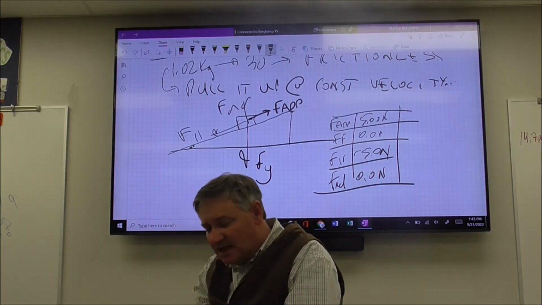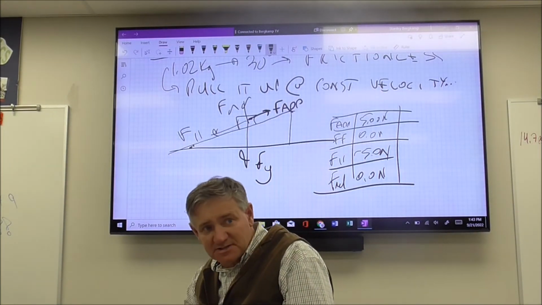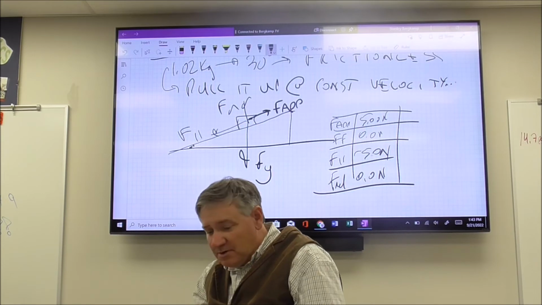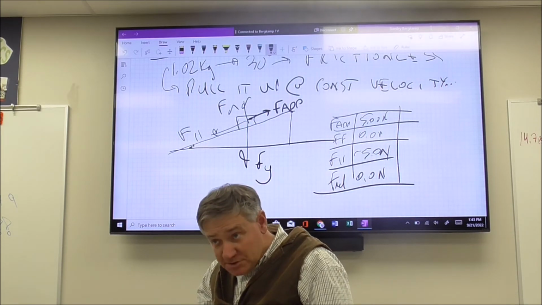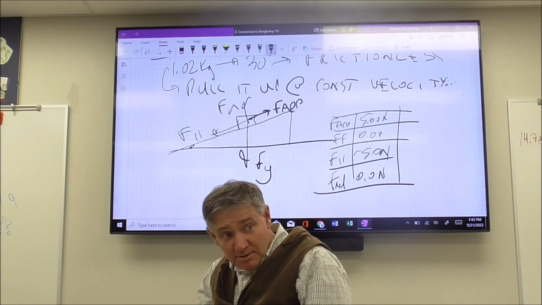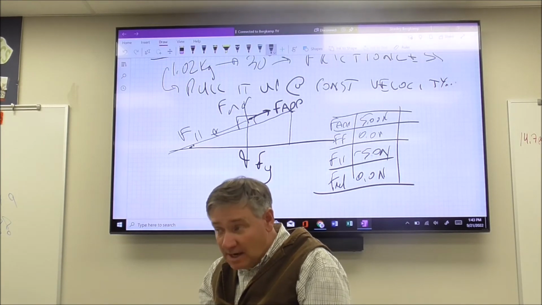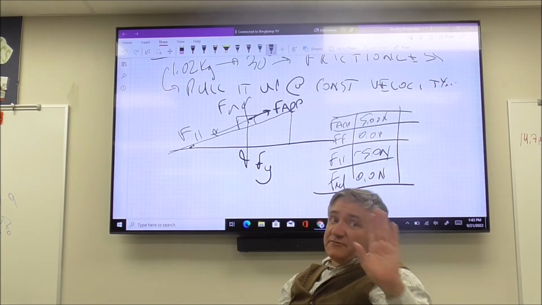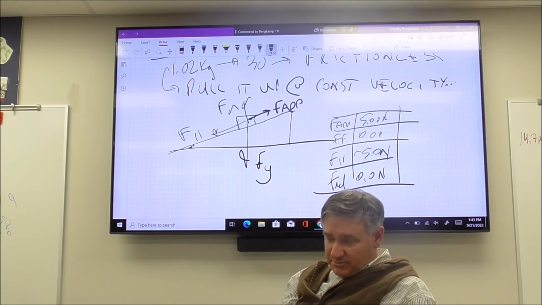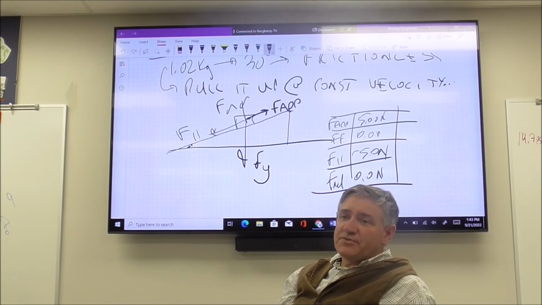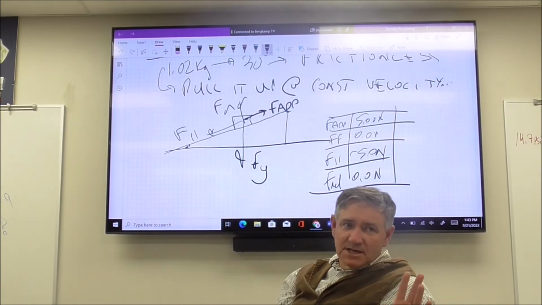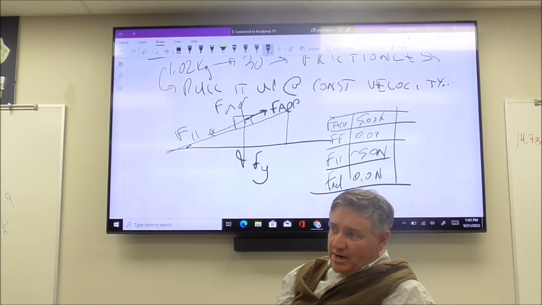So if it's sliding down the hill, which direction is friction going to act? Up the hill. But if I'm pushing it up the hill, friction's going to act down the hill. Friction is what everybody tends to screw up. Everybody has this mindset that friction is always going to be a negative value.